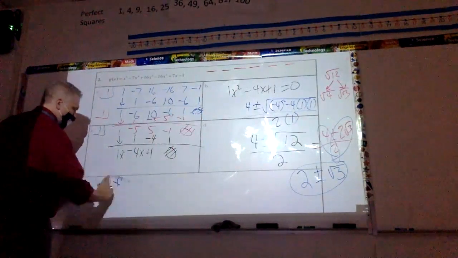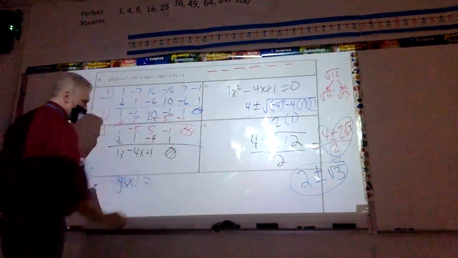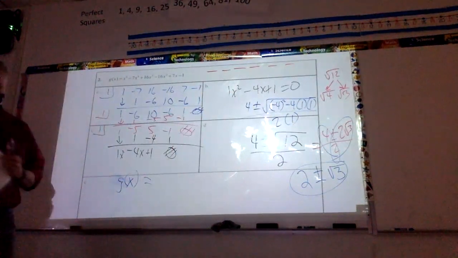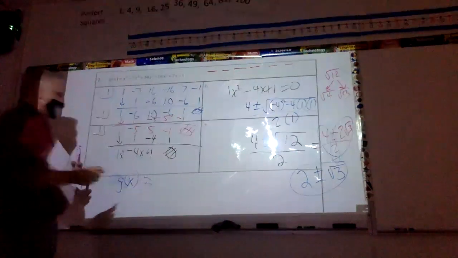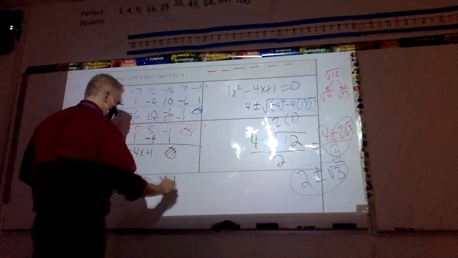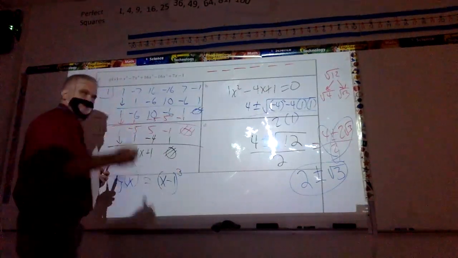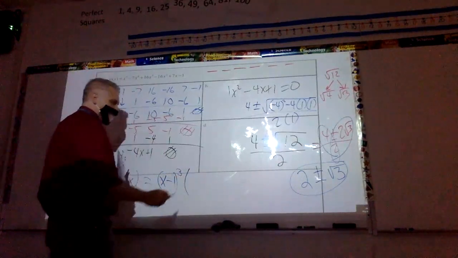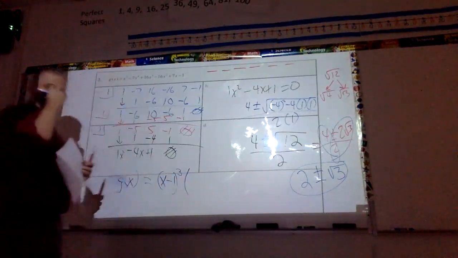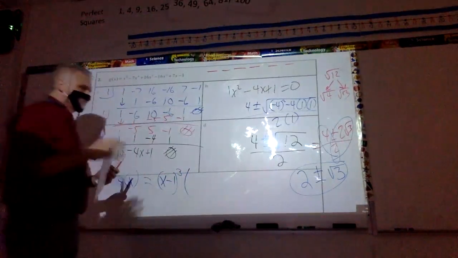Well, this is a g of x. We'll call it g of x equals. What are we going to write? This comes straight off of the last quiz. X minus 1 cubed, because it's multiplicity of 3. Okay, so this is the one that, for those that took it yesterday, a handful of you had trouble with.